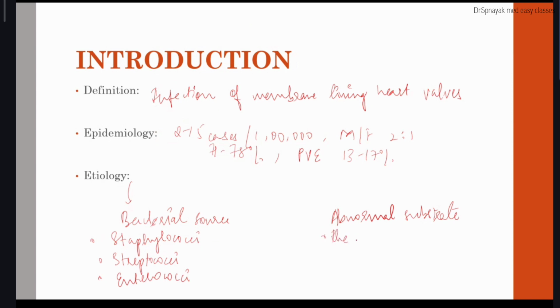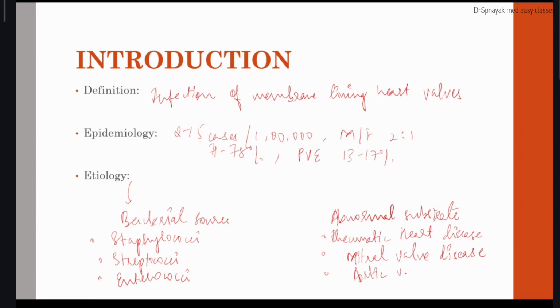And abnormal substrate includes rheumatic heart disease, then mitral valve disease. If the patient has valve diseases, that could lead to endocarditis upon further progression. Then aortic valve disease.